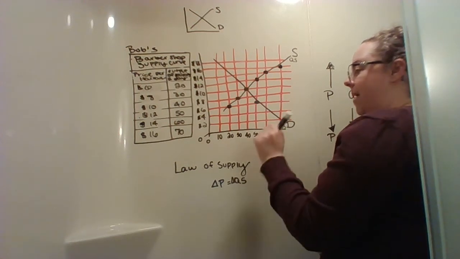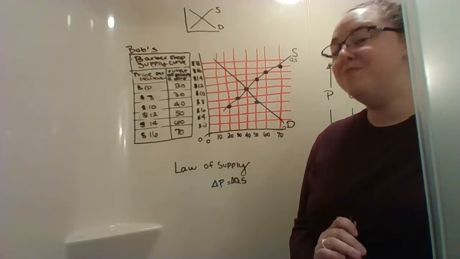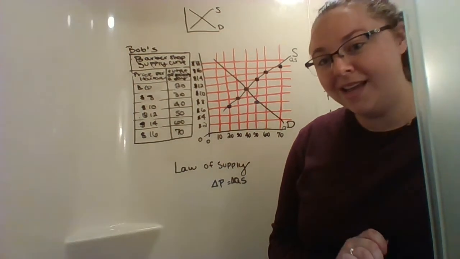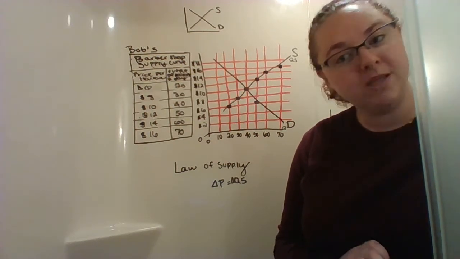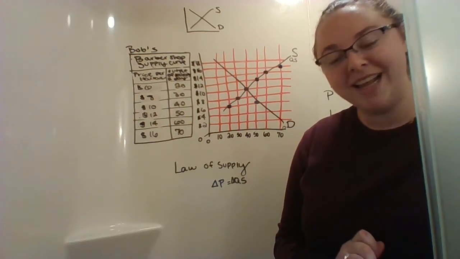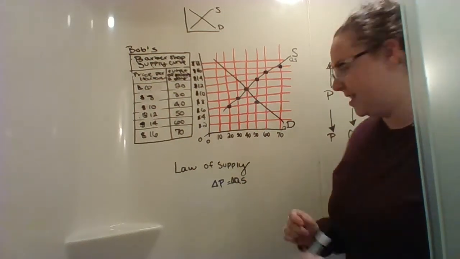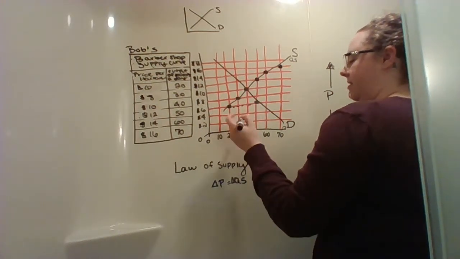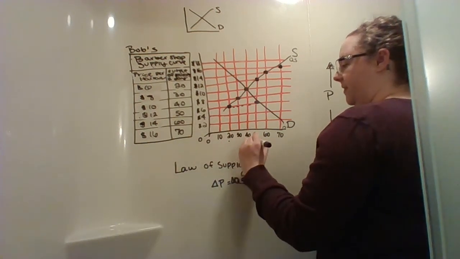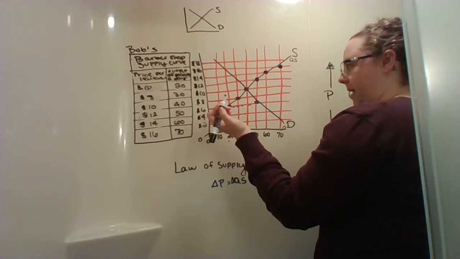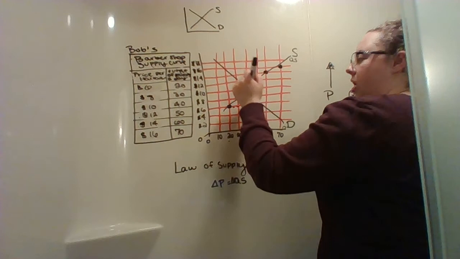But quantity demanded at $6 is 50. Which means that there is a 30 haircut difference between what's being supplied and what's being demanded. 30 people are not getting their hair cut at $6 because 50 minus 20 is 30, and that's the gap.